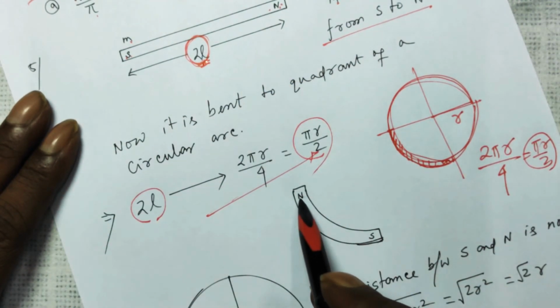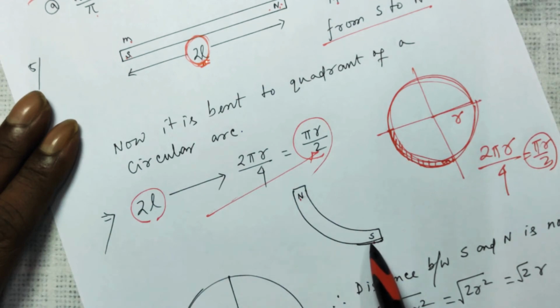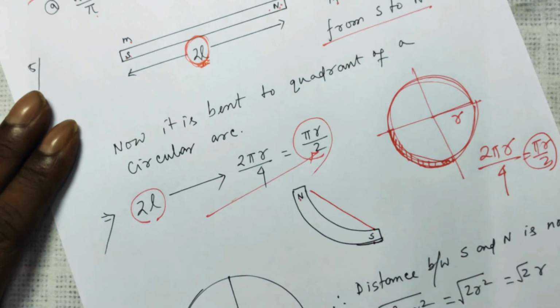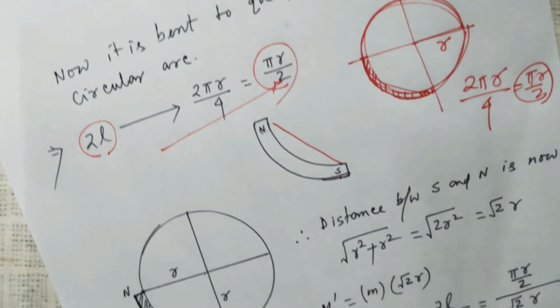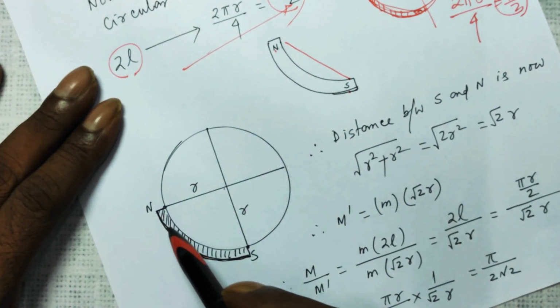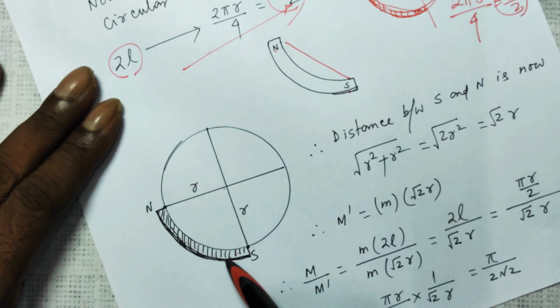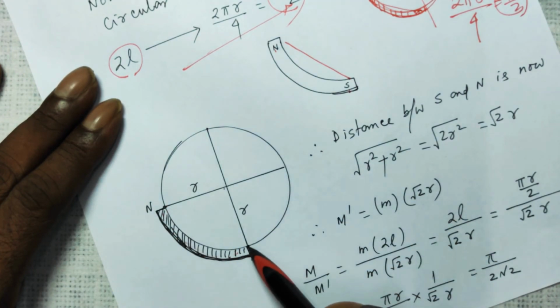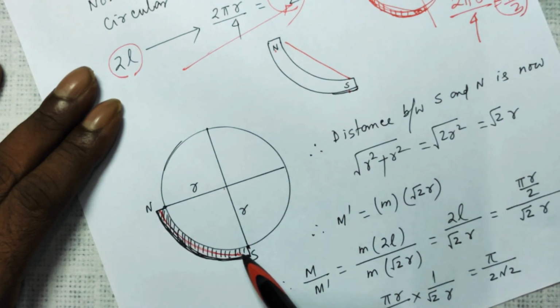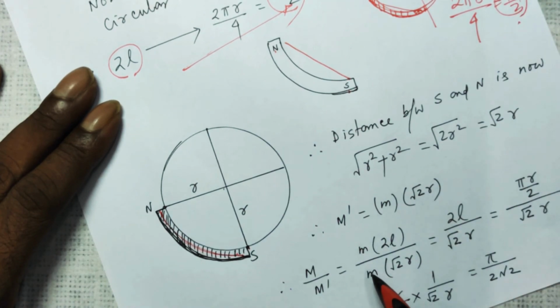Previously the distance between the south and north was 2l. Now the north is here, the south is here. So what is this distance? We have to find out this distance. That is what I have shown here. Your same bar magnet is bent to a quadrant of a circular arc. This is 2 pi r, and from this point to this point it is pi r by 2.